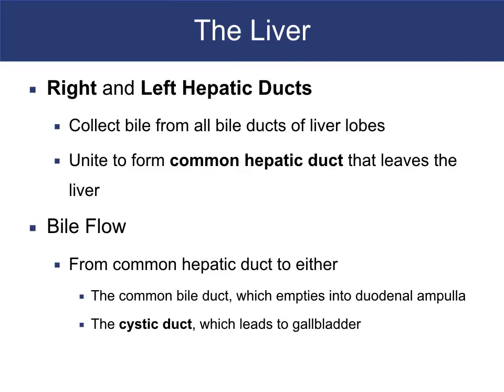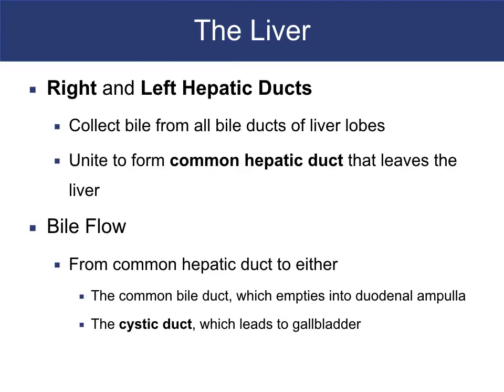The pancreatic duct comes in here. The pancreatic duct meets up with the common bile duct just before it goes into the wall of the duodenum, which is where the bile dumps into the duodenum.